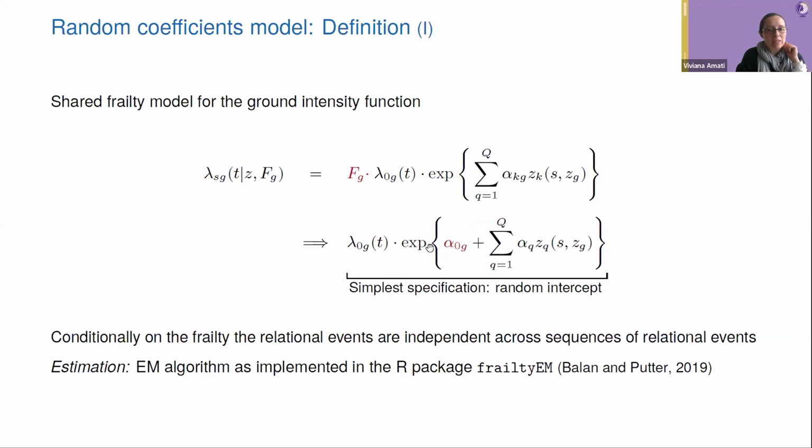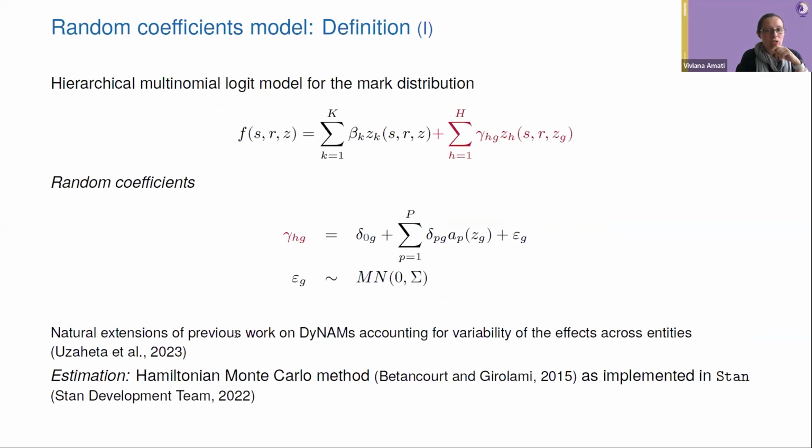So we define this frailty as the exponential of this parameter alpha. Conditionally on the frailty, the relational event sequences are independent, and we can estimate the different factors using the EM algorithm. Now, if we want to control for differences also in the receiver choice, we can extend the multinomial logit model for the mark distribution by including this random coefficient part that is modeled using a multinomial distribution.